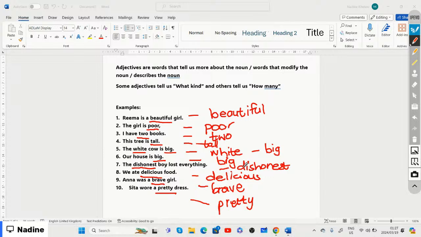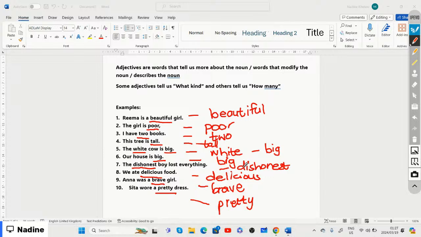And there are always more words that tell us what kind. That can be words like beautiful, poor or rich, tall or short, big or small, white or black, or any other color that we can think of. Big, dishonest, delicious, describing how the food tastes: delicious, yummy, scrumptious.